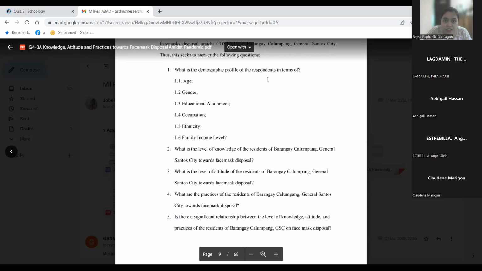That is why they established many demographic profiles. For example, they want to know the relationship of age and the disposal practice.